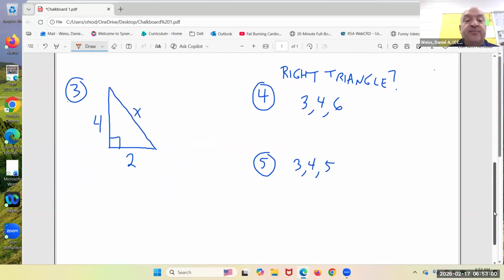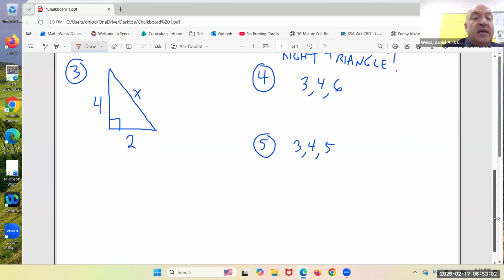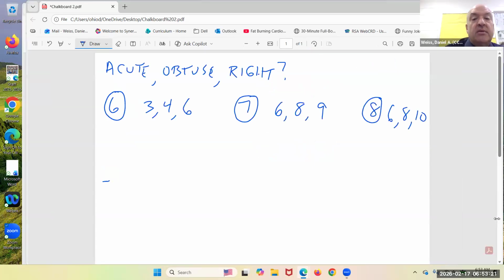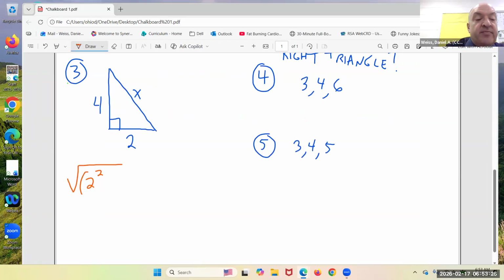So now look at this. Here, you're going to do the same thing. You're going to have a set of problems where you do the same thing. For example, here you're going to do square root, and you're going to do 2 squared plus 4 squared, all right? And you know what?